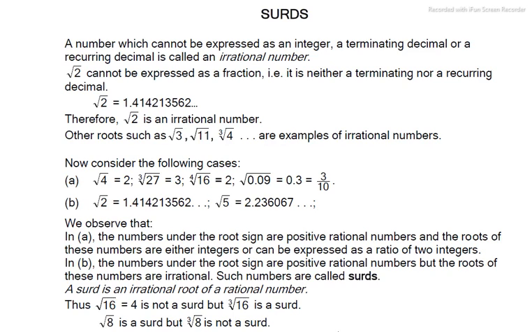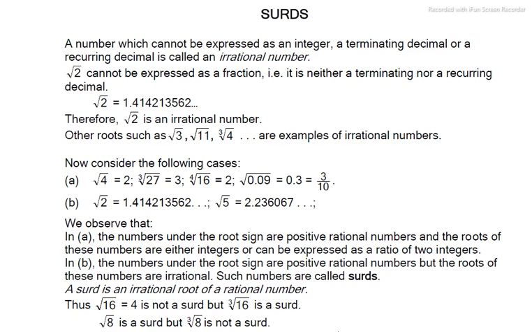Then, if I have root 4 over 9, 4 over 9 is under the square root, so I will get a ratio of 2 over 3, which is either positive or negative. But if I cannot get the root of that number under the square root, then we call that a surd.